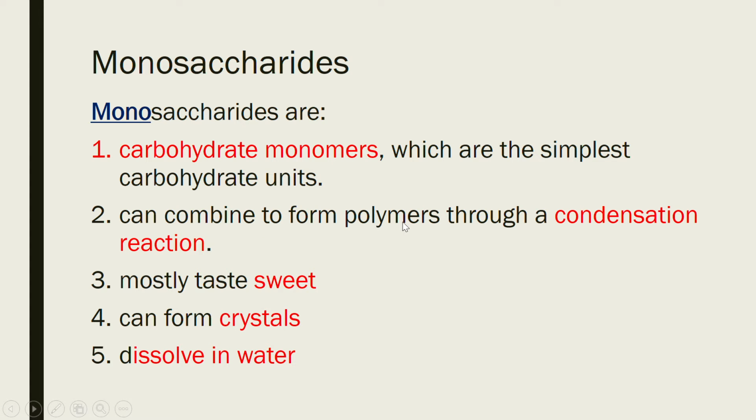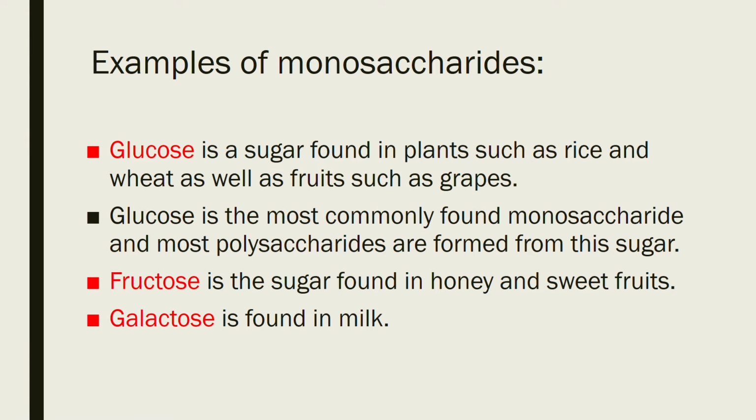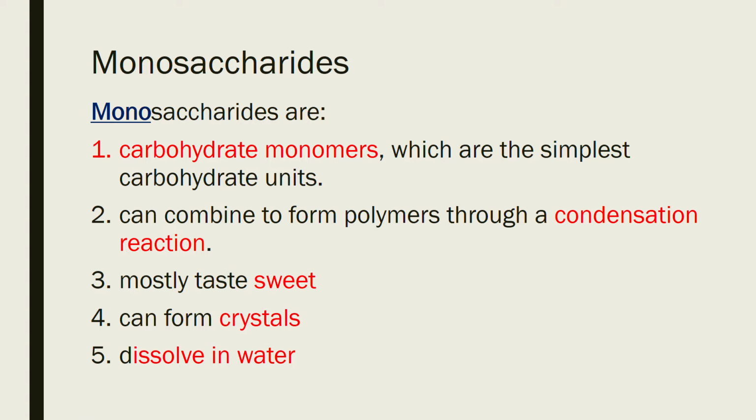This process of building up is called a condensation reaction. So how to identify monosaccharides? Mostly they taste sweet, they can form crystals, and they are able to dissolve in water. That means they are able to form bonding with the water molecules.